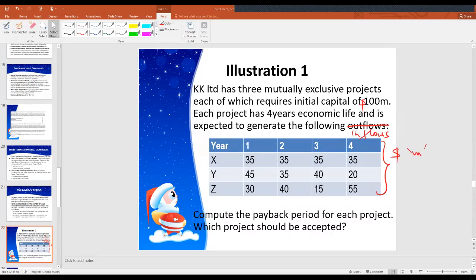Okay, let's attempt to do it together. We are told we need to get a payback period for each of the projects and determine which one we ought to invest in. So let's begin with X, then you will do Y and Z. Let me just take a screenshot of this question.